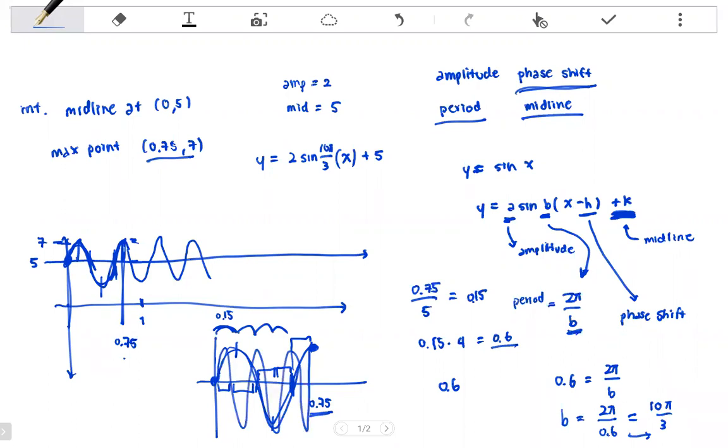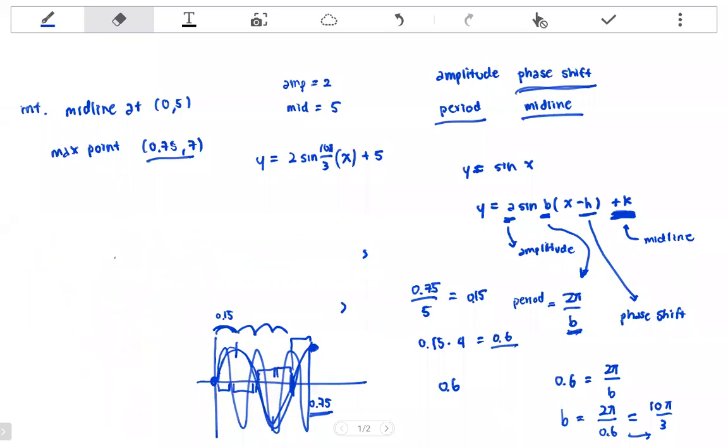But in this case, we're finding potential equations. So this is one potential equation. There might be other equations with different periods, but right now we're going to do this one. That was really complicated, but do you guys have any questions?